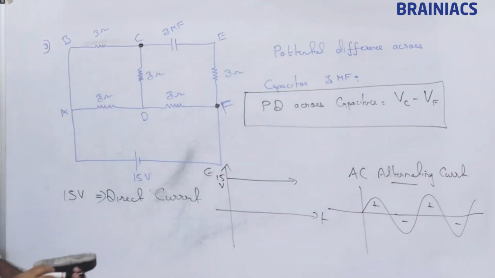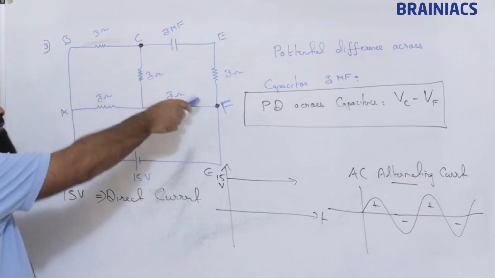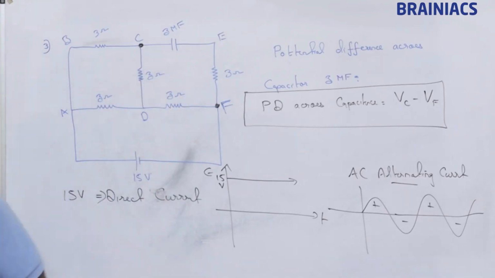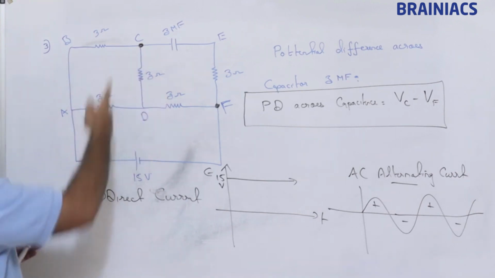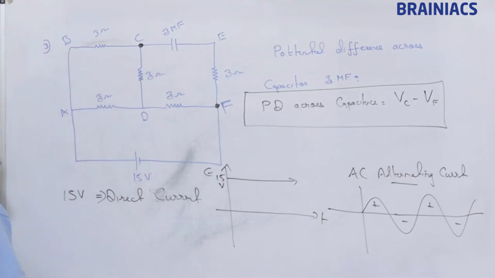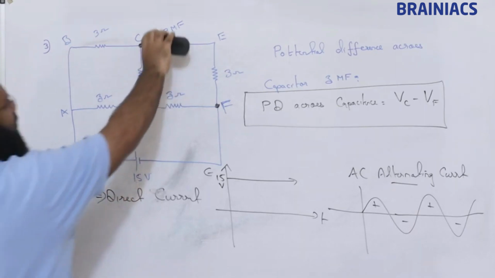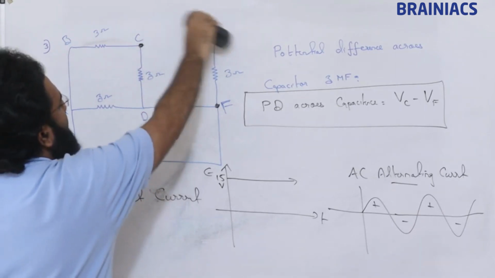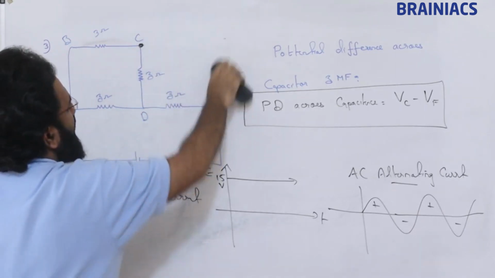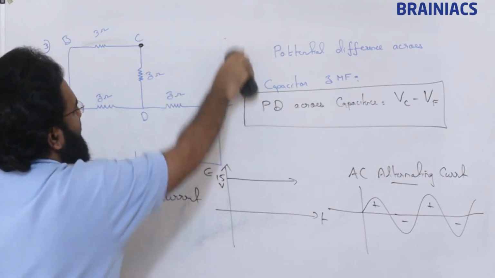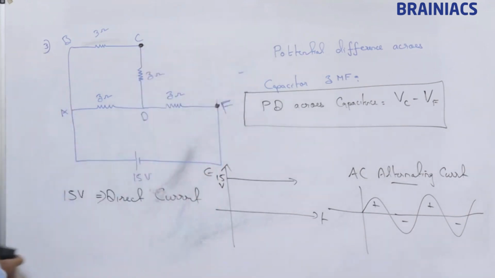Clear? Now our task is to find the potential at these two terminals. In order to find that, we need to find the current across the circuit. No current will flow through the capacitance branch, so first I am removing this.